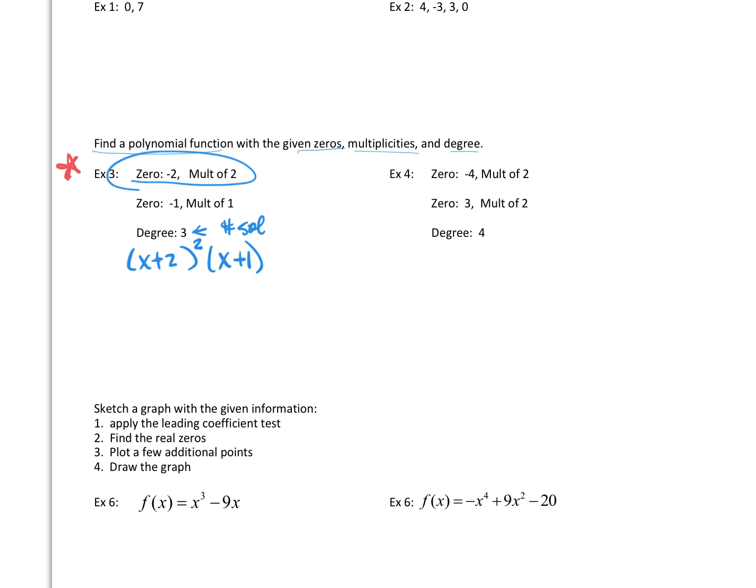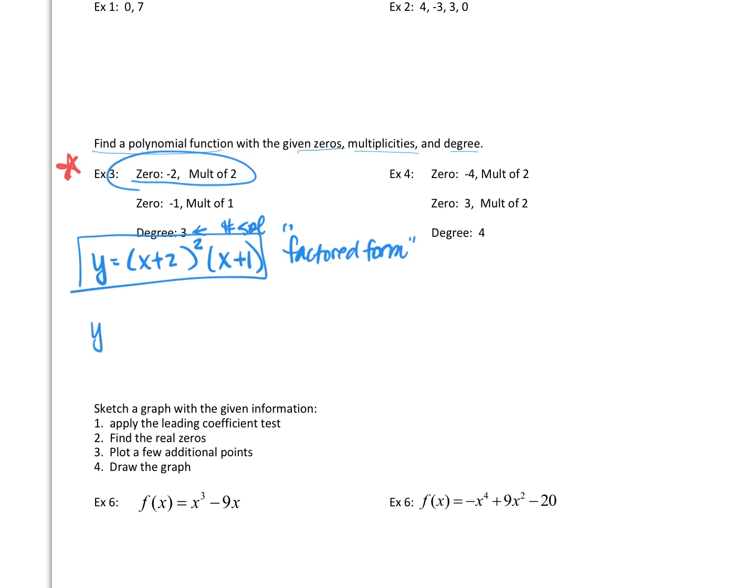Now, there's a couple ways you can leave your answers. If the directions say leave in factored form, that's what it looks like. All right? If I say multiply it out, or I don't indicate factored form, that means you're going to multiply them out.